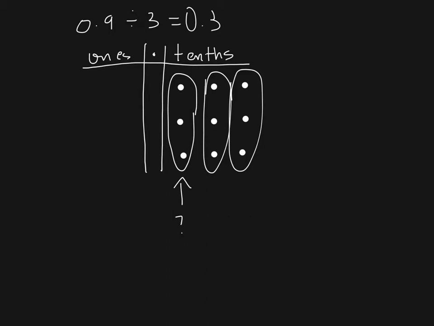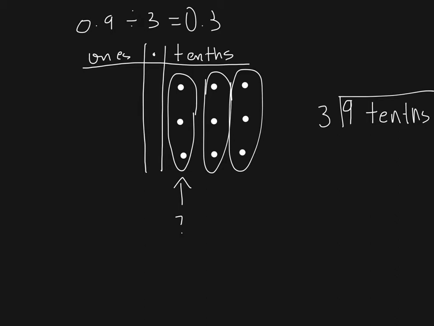Now, for the standard algorithm, we're going to put the big group inside the house, as we like to call it. And instead of writing it in standard form, I'm just going to write 9/10 in there. So that's the dividend. My divisor goes off to the left.